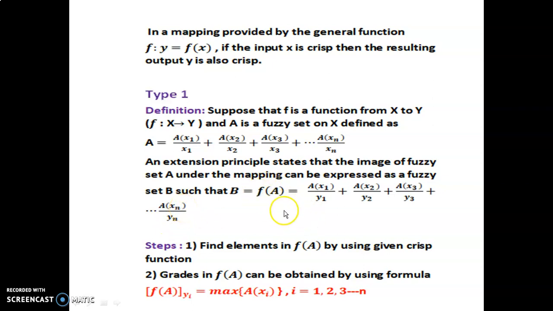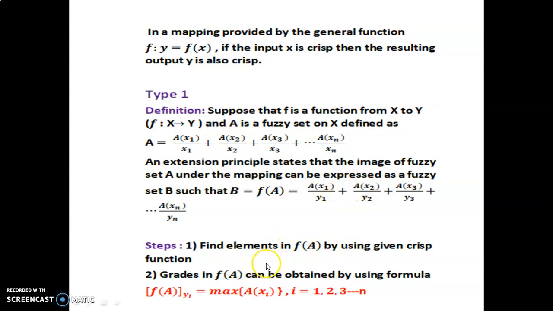So this f of A is the image of A, and we can obtain it by using the following two steps. Step number 1. Find elements in f of A by using the given crisp function. So y1, y2, y3 and so on to yn. These are the elements in f of A and can be obtained by using the given crisp function. Step number 2. Now the grades, that is, these are the numerator.